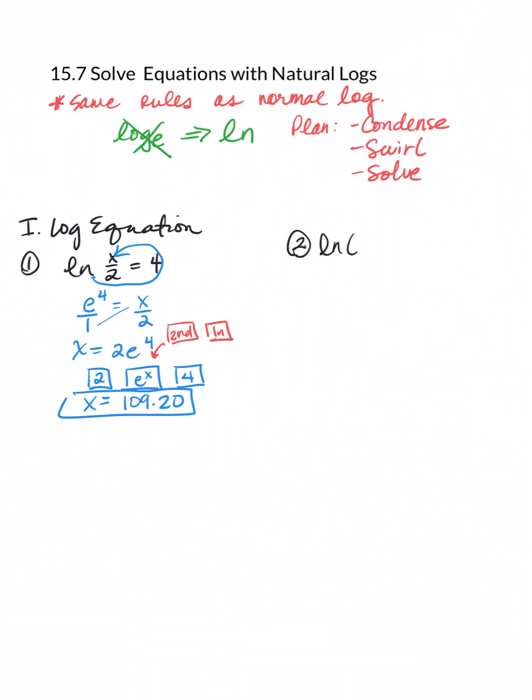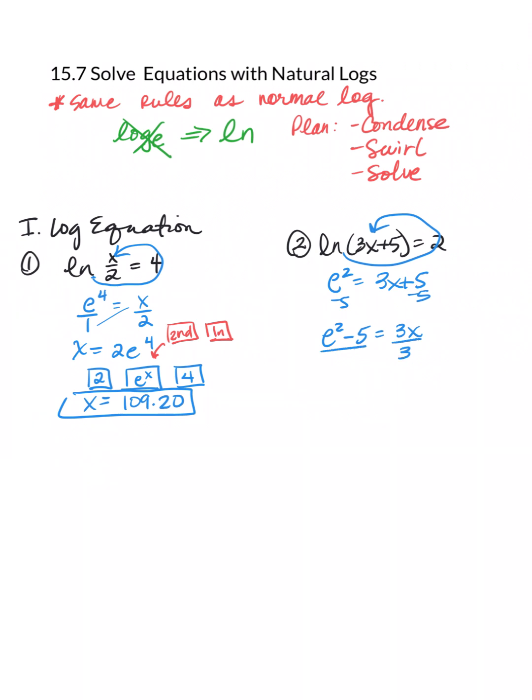The natural log of 3x plus 5 equals 2. All right, we have to condense to one logarithm, already done. Now our next step is to swirl to get rid of the logarithm. So it's e squared equals 3x plus 5. I'm going to try to isolate the x, so I need to subtract 5 from both sides. So I have e squared minus 5 equals 3x.